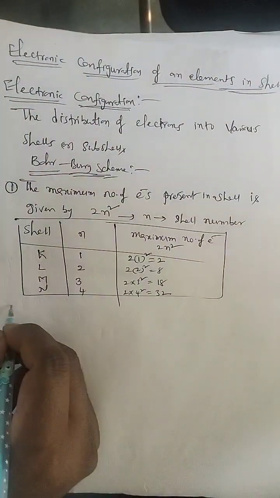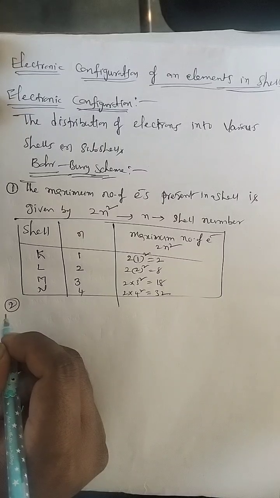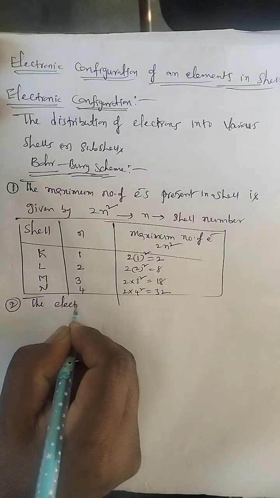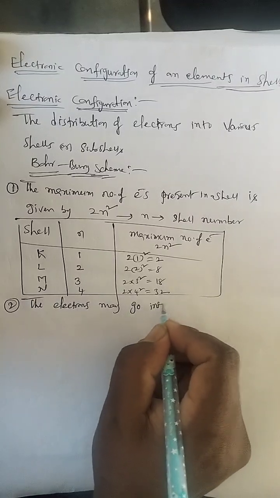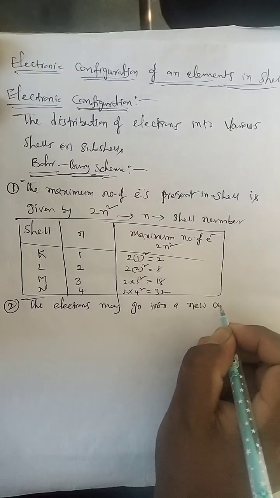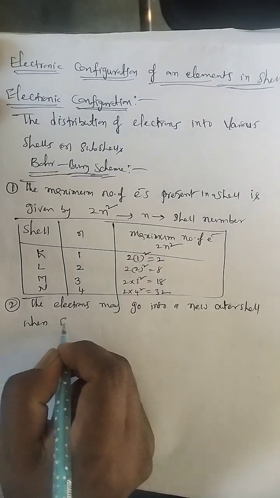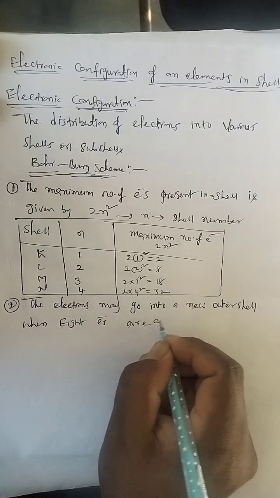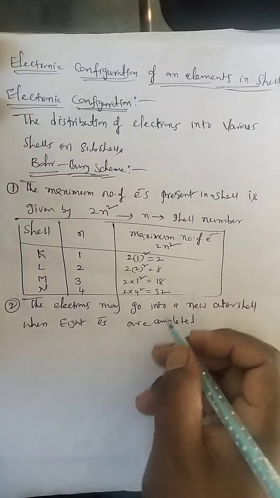And rule number 2: the electrons may go into a new outer shell only when 8 electrons are completed in the outermost shell.